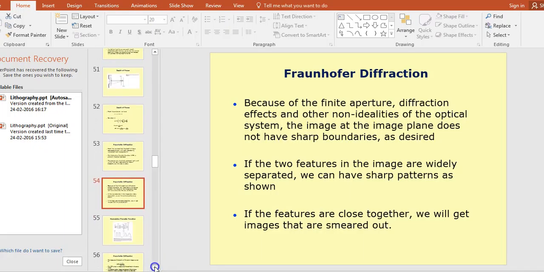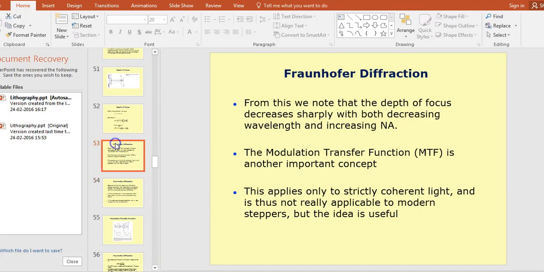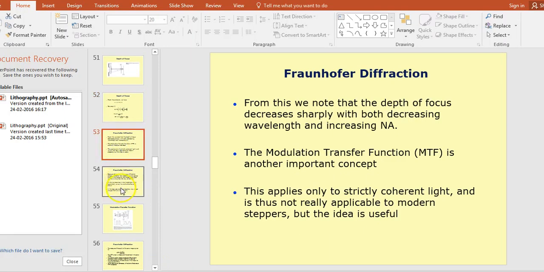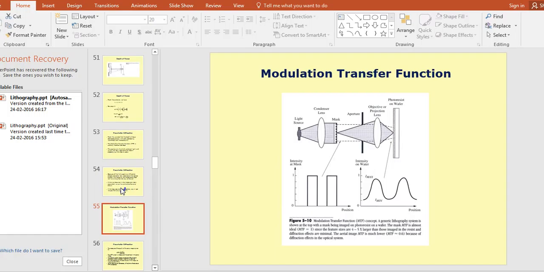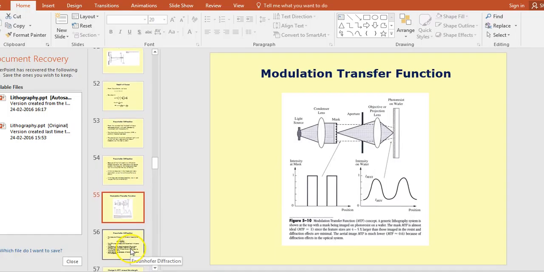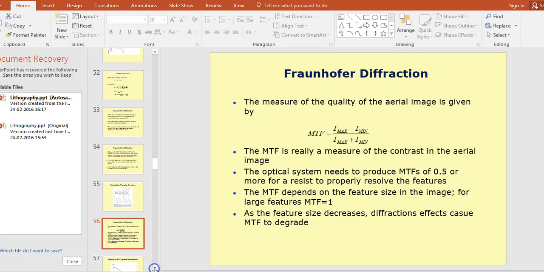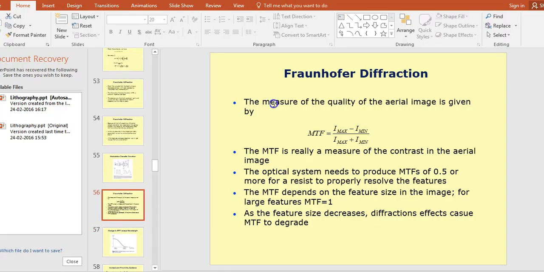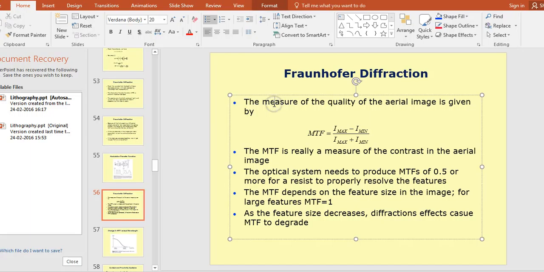So in this Fraunhofer diffraction condition, we see that the diameter of the central maxima should be as minimum as possible to separate the two features on the image plane. So now another critical parameter is the modulation transfer function.